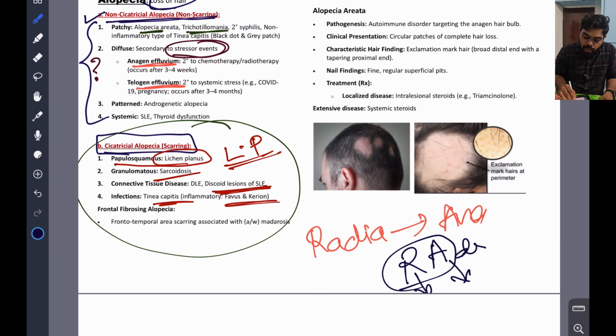So secondary to chemotherapy or radiotherapy, it occurs after 3 to 4 weeks. So you have seen a patient with ALL or AML who underwent chemotherapy. He's on some drugs. After 1 or 2 months, he developed this hair loss. So I had a patient, Rahul, who was admitted in the hematology ward last 2 weeks. He came up with fevers, spikes of fever, and unable to diagnose.